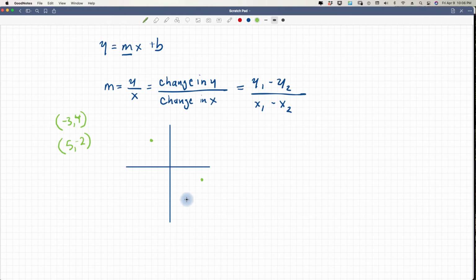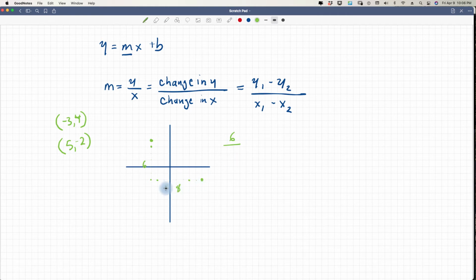Now, we could look at those points and count, and figure out, okay, how many from here to here? Well, if we did that, we'd have 1, 2, 3, 4, 5, 6, and 1, 2, 3, 4, 5, 6, 7, 8. That'd be 8, right? So the change in y is 6.